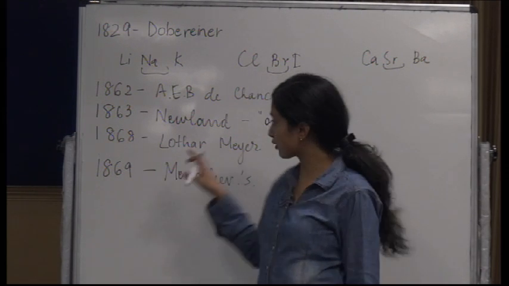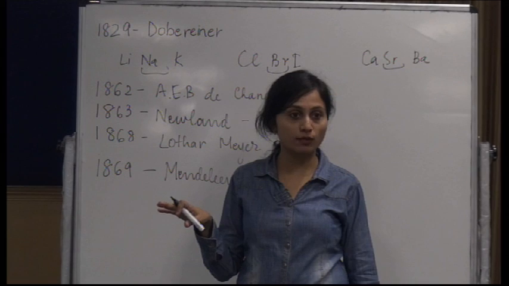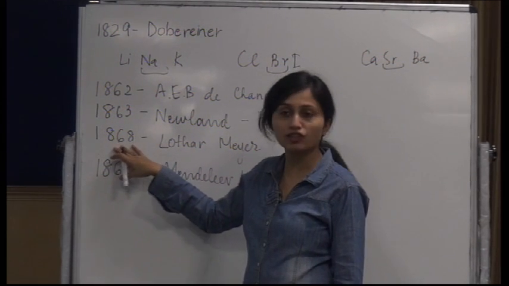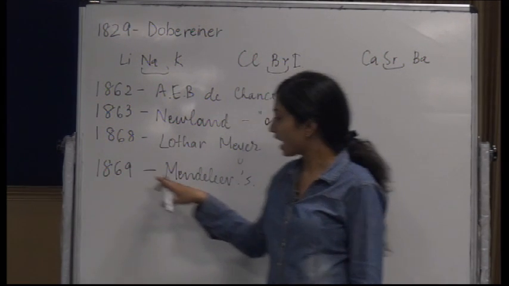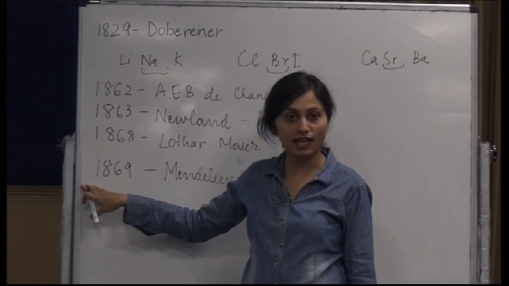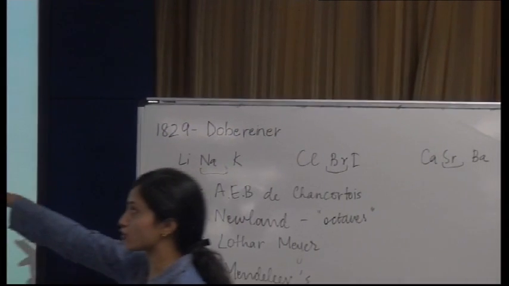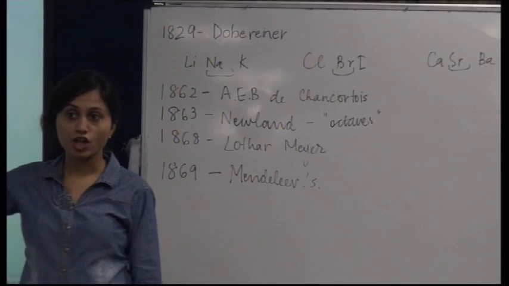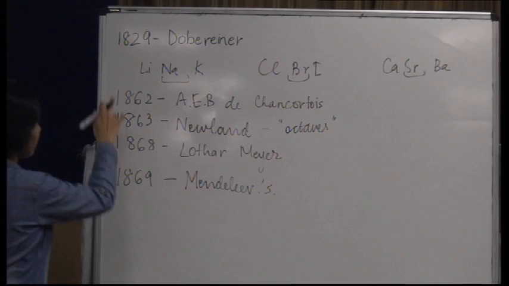Before he could talk about it, because his was a little close to the modern day periodic table, and research takes time, he must have been continuously working on it, and soon after, in 1869, Mendeleev talked about the organization of elements according to their increasing atomic mass. So again that mass pattern was being followed.